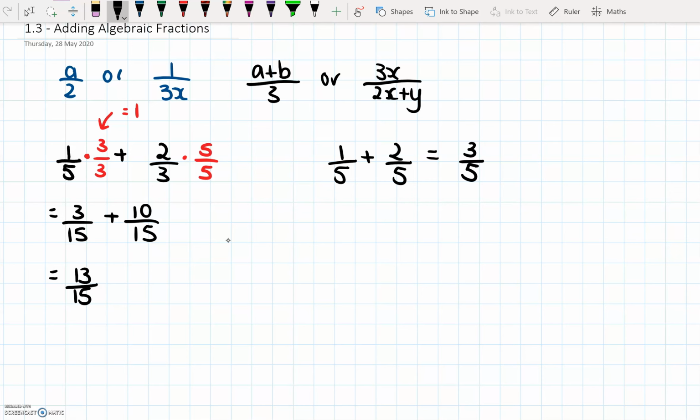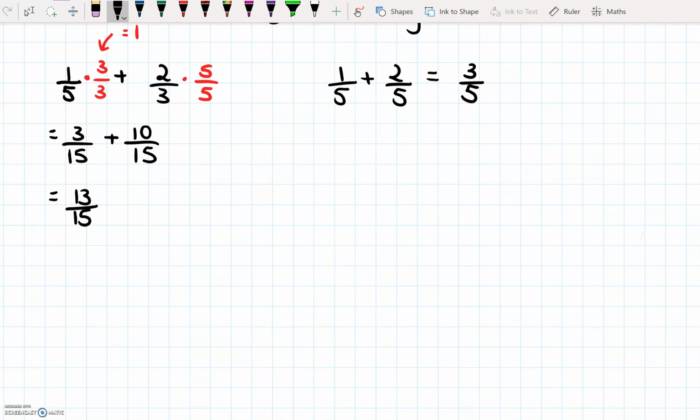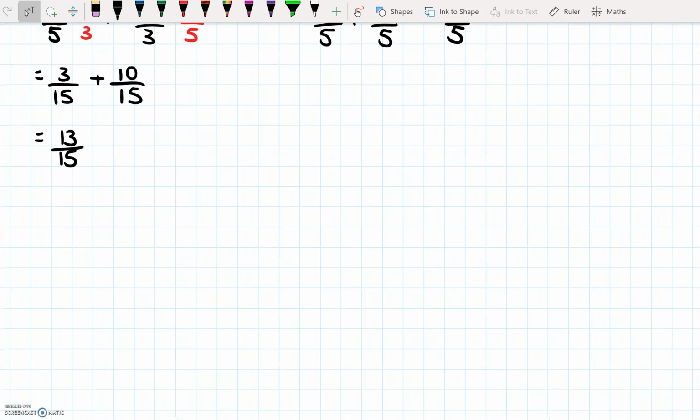Now with algebraic fractions, it works quite similarly. For example, if I have 2b over 3a plus, let's just say, 5 over 2b squared. We've made this a little bit hard so you can see straight away that those denominators are very different.